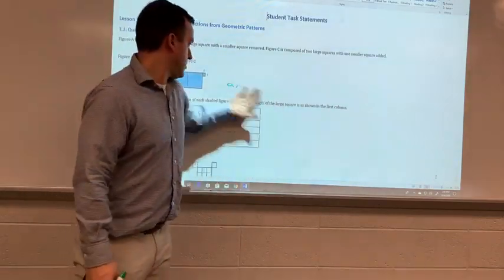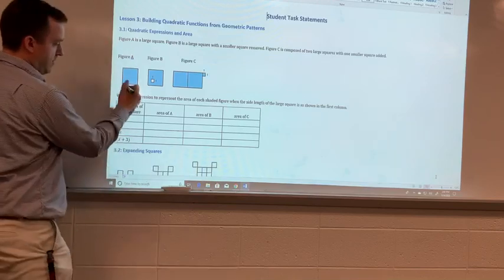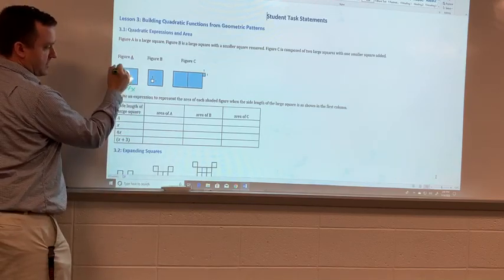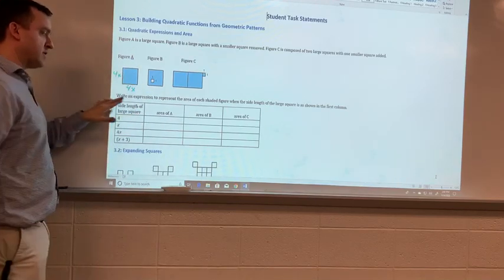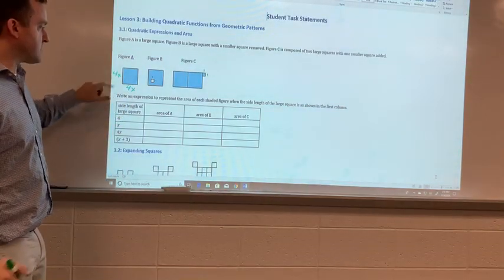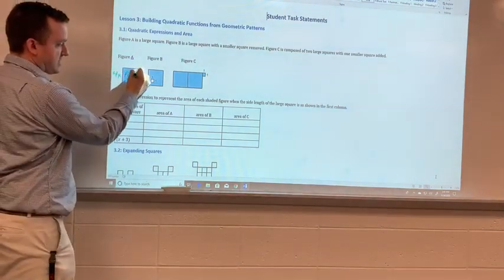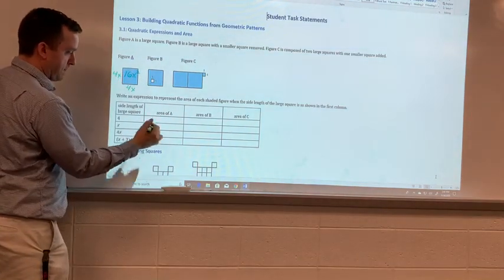If we had 4x and 4x as the two side lengths, what I would do here is go 4 times 4, which is 16, and then x times x gives me 16x squared.